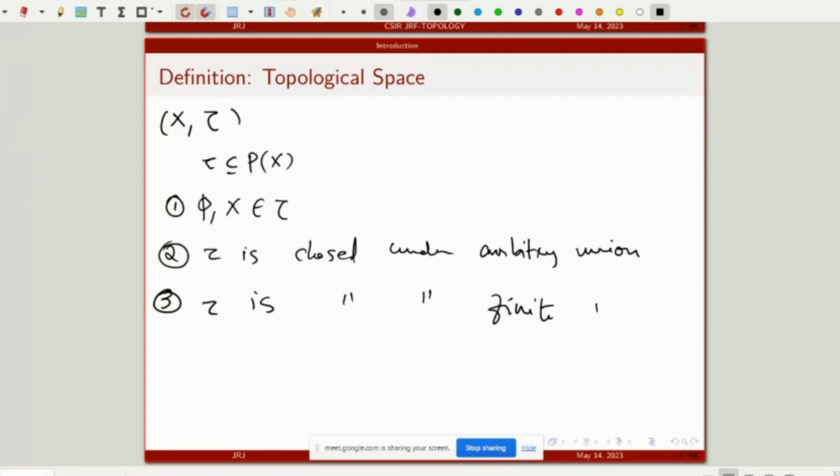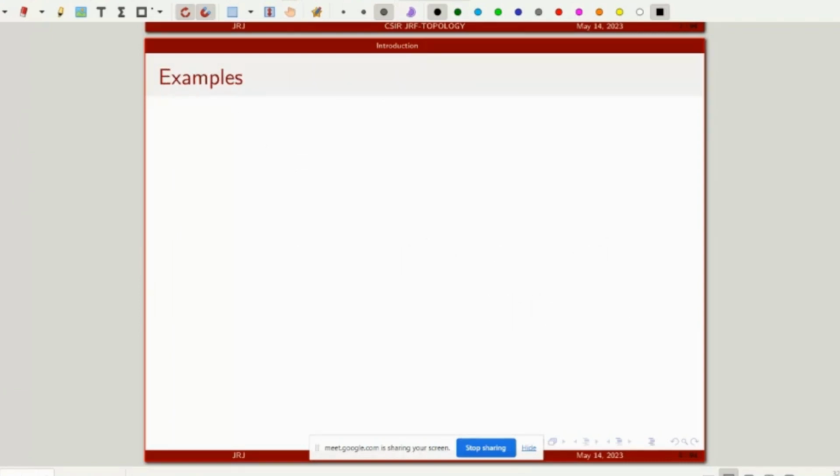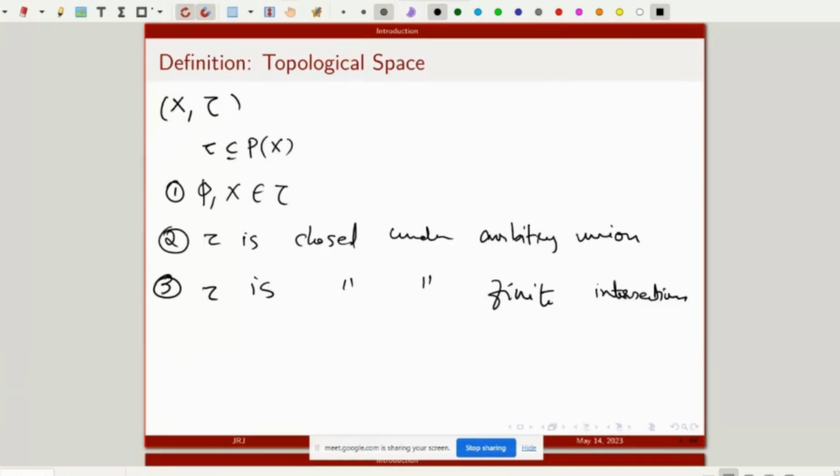Now, can you tell me some examples of topological spaces? What are the immediate examples coming to your mind? About closed under arbitrary union: if U_i, where i belongs to I, are in tau, then the union of the U_i should belong to tau.